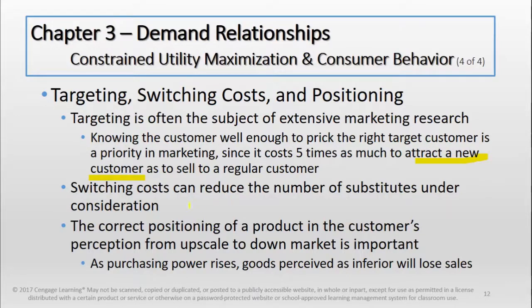So, kana siya. Now, switching costs can reduce the number of substitutes under consideration. So, kani siya is a customer or a consumer of a different product or your substitute product is imuha siyang pili sa imuhang own product.